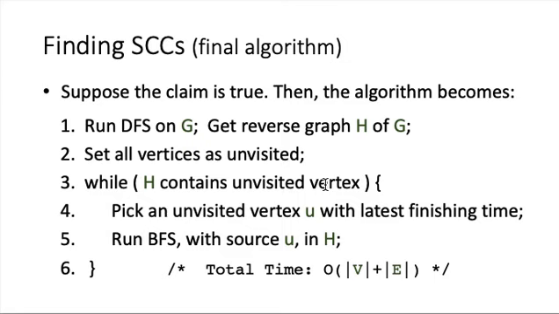The total time for this algorithm is just V plus E, because we are applying DFS, and the bunch of BFS altogether is proportional to the number of edges in the corresponding SCCs extracted. So all the running time in total is V plus E.